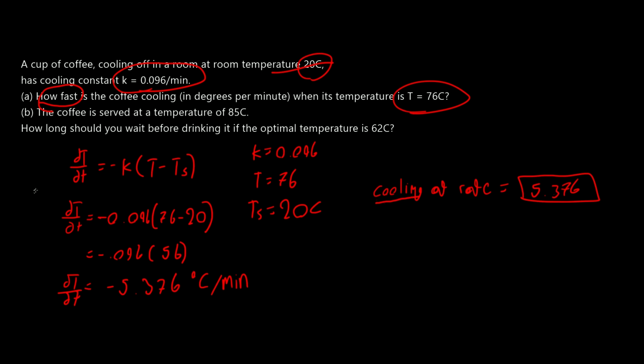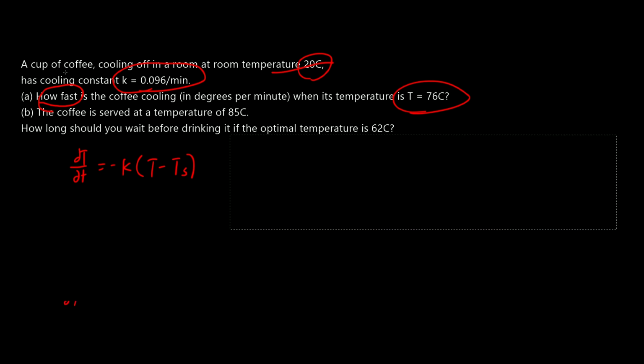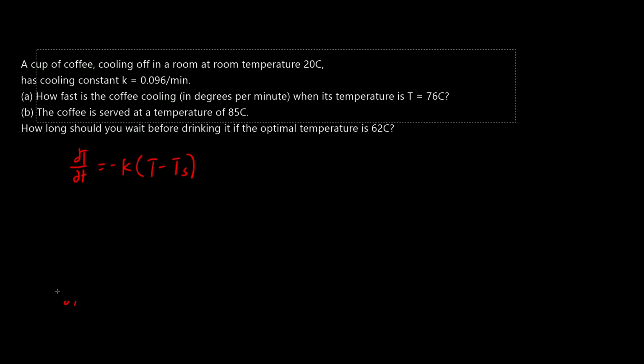So now I'm just going to go ahead and remove some things to solve part B. So part B is asking, the coffee is served at a temperature of 85 degrees Celsius. How long should you wait before drinking it if the optimal temperature is 62 degrees?